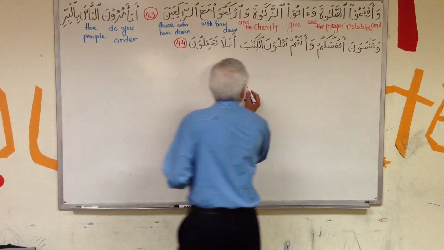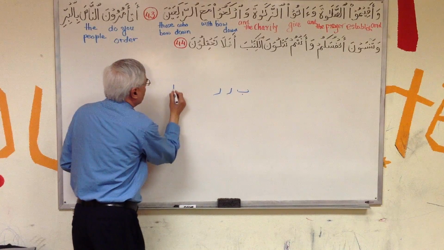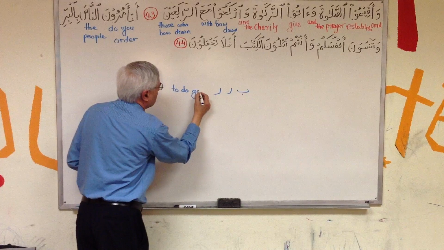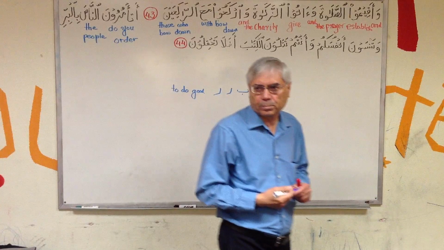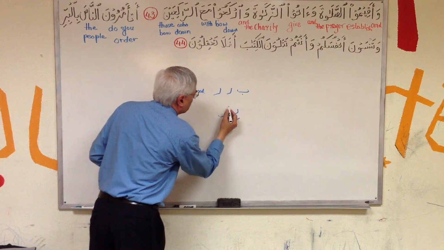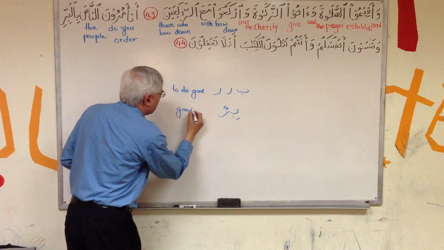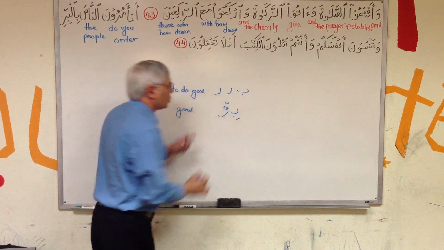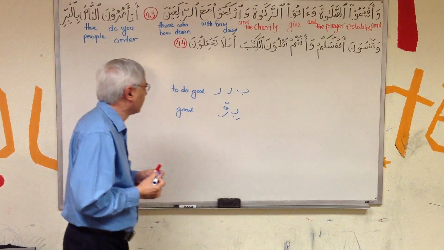Then the next word is ba, ra, which means to do good. And birrun means good. Birrun, because there are two ras here, they put shadda there. Birrun means good.